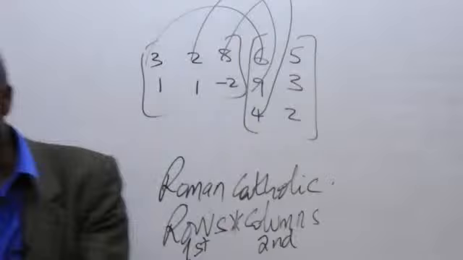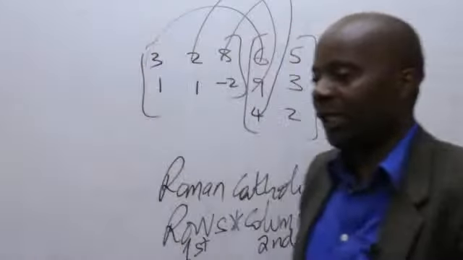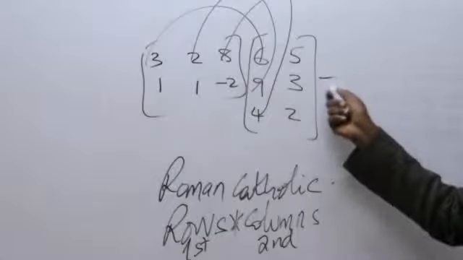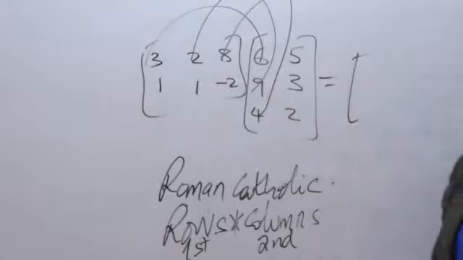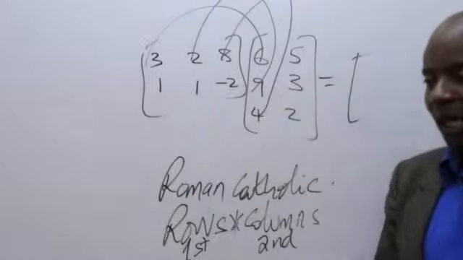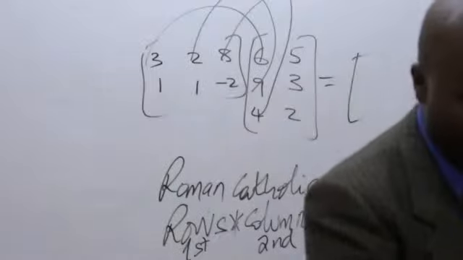Can somebody help me out here? Who is able to get this consolidated figure at once? Somebody.